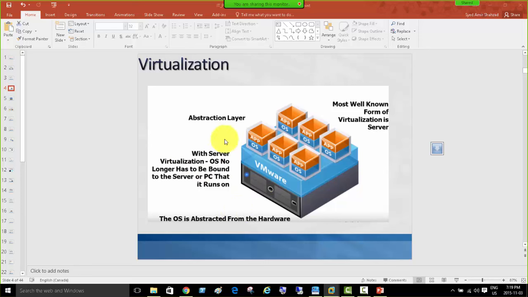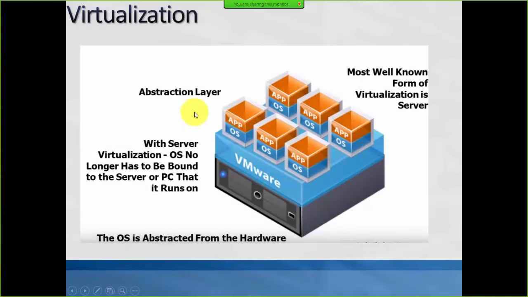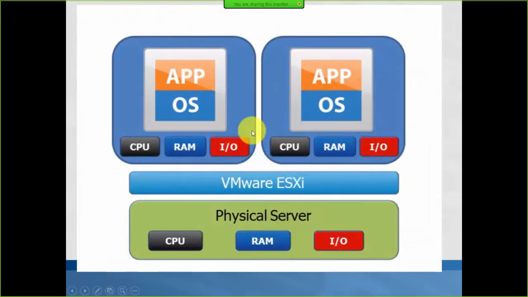So virtualization, we all know that it's an effective use of hardware. Let's go ahead and talk about some of the things that we're going to be doing during this course. So this is the physical server. This drawing should be saying Xen server instead of VMware server.